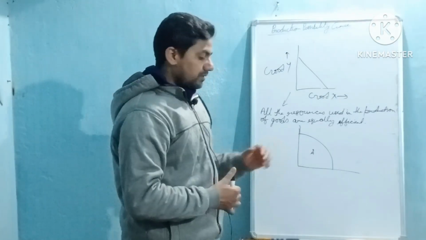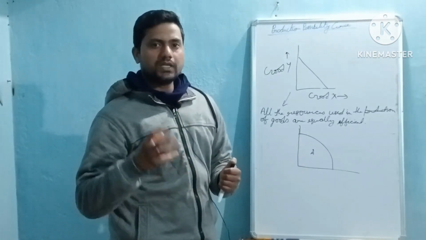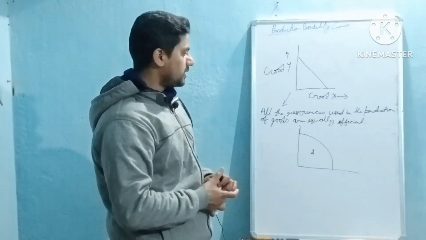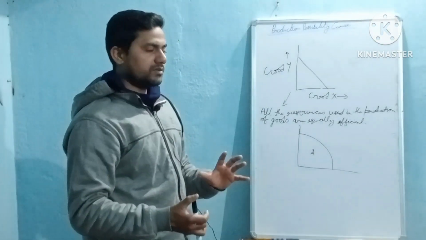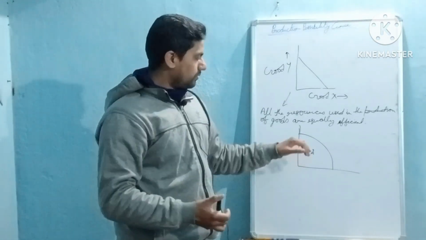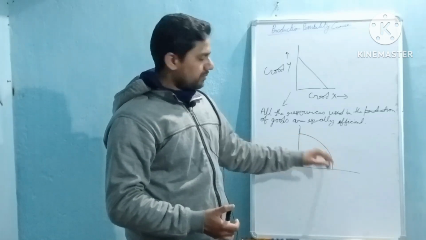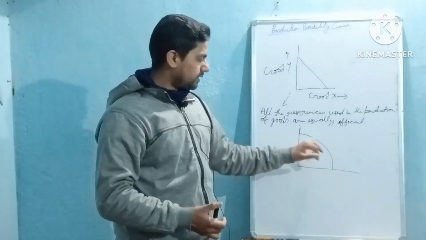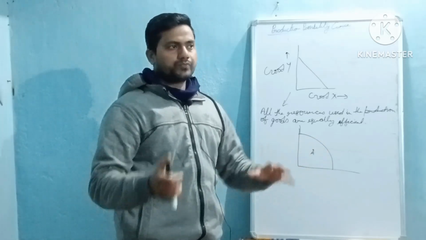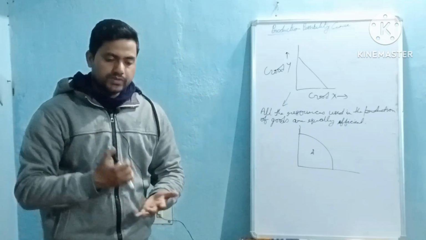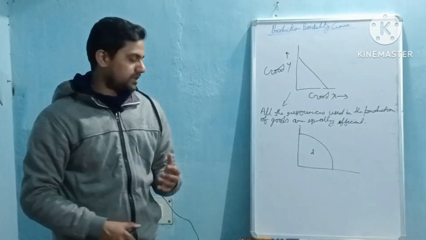Resources are used efficiently only when the combination of production is on this production possibility curve or frontier.